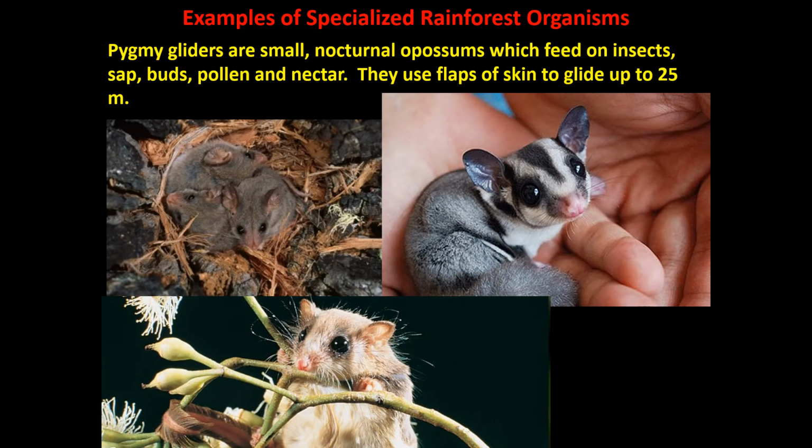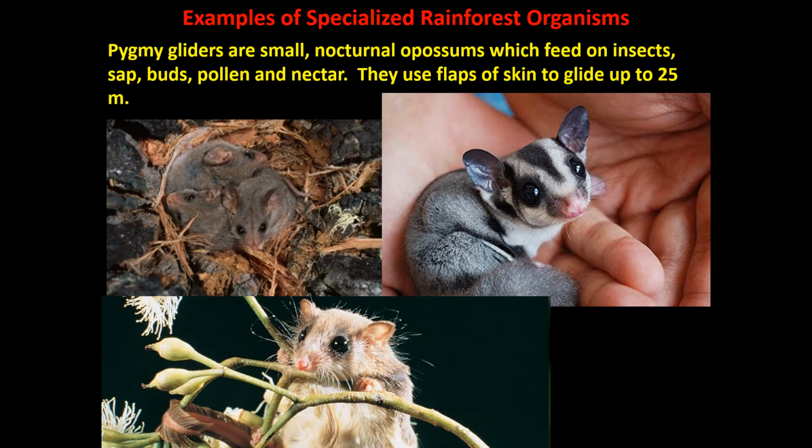Here, students, you can see a beautiful slide showing different animals, and these are examples of specialized rainforest organisms. Pygmy gliders are small, nocturnal opossums which feed on insects, sap, buds, pollen, and nectar.